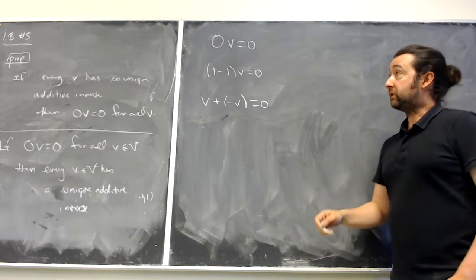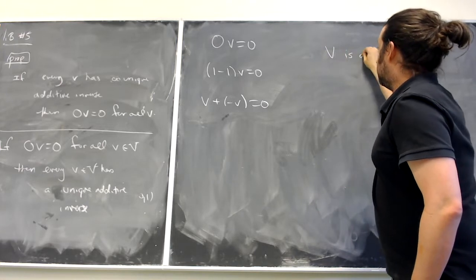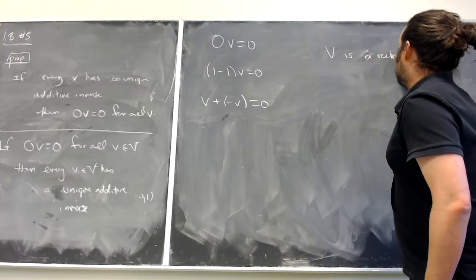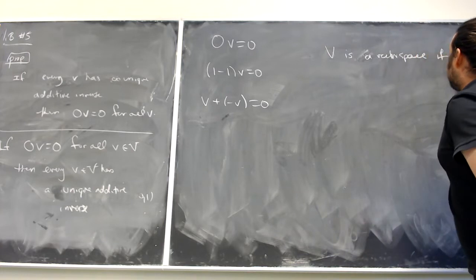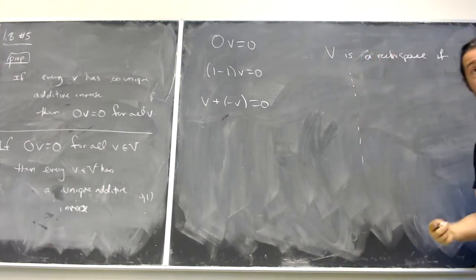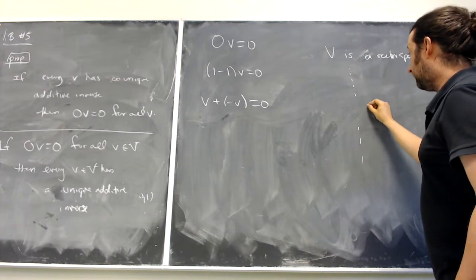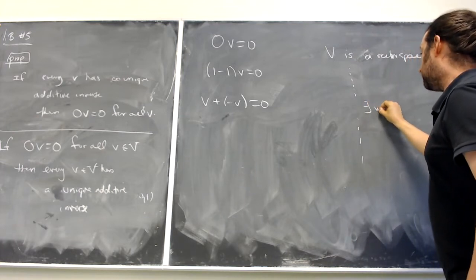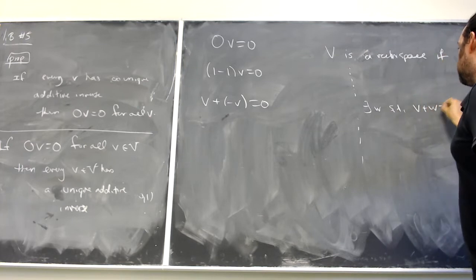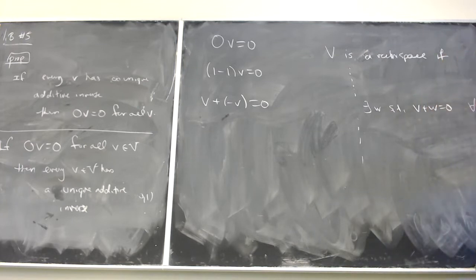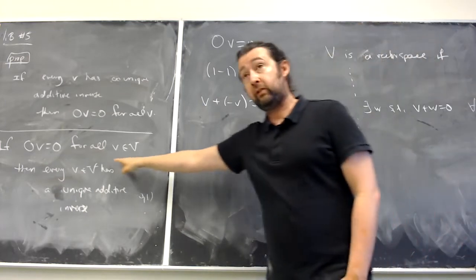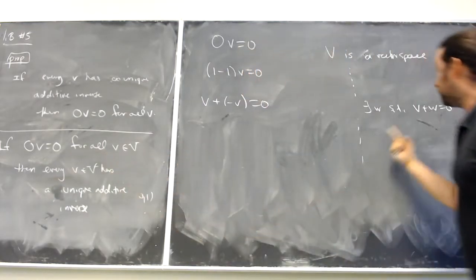So if we say V is a vector space, then somewhere in that list it has to satisfy the statement: there exists a W such that v plus W is equal to 0 for all v in V. That's an axiom that you stated as part of the list of properties that the vector space holds, right? And if you can prove that these are equivalent statements, what you're saying is you could have chosen this to be the axiom instead.